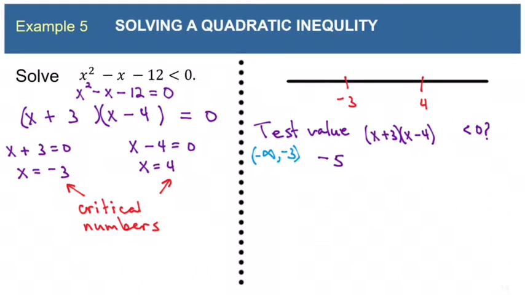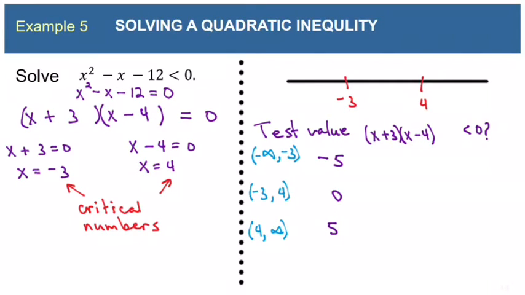And I know negative 5 is in there. And now for the middle interval, it goes from negative 3 to 4. So I need to pick something in between negative 3 and 4, say 0. I always try to use 0 whenever I can. And then I need to choose something in the interval from 4 to infinity. And I'll choose 5 just to stay symmetrical.